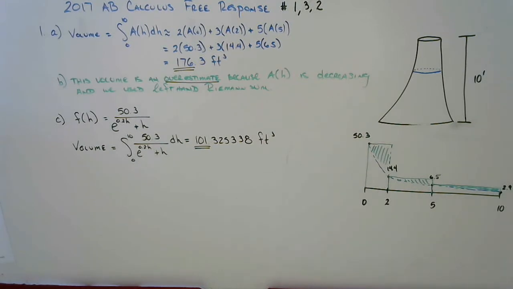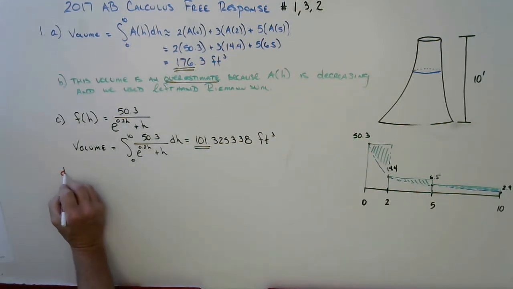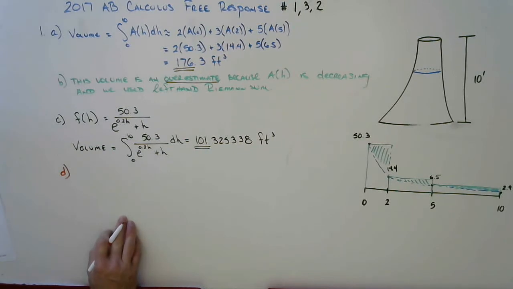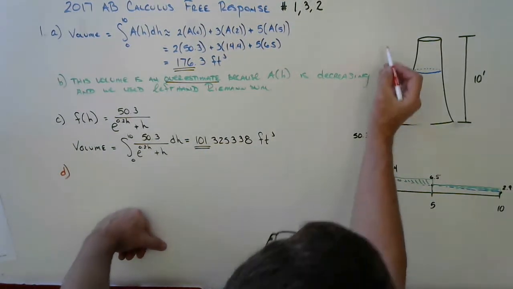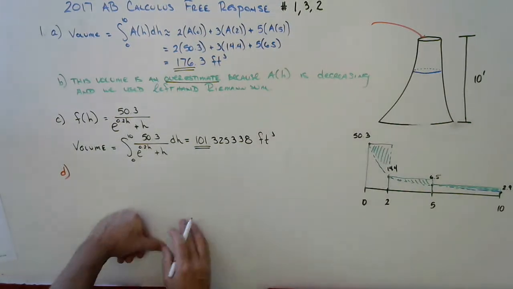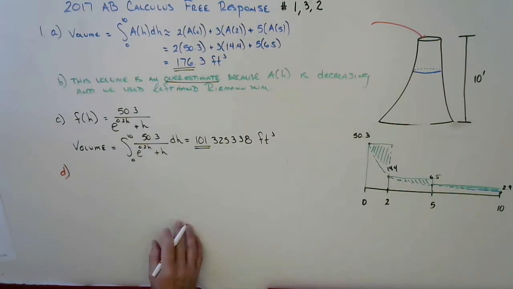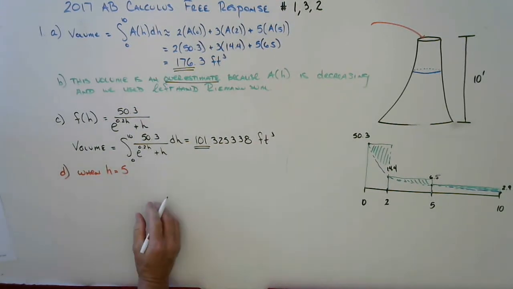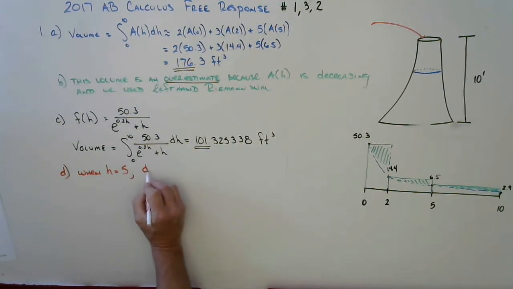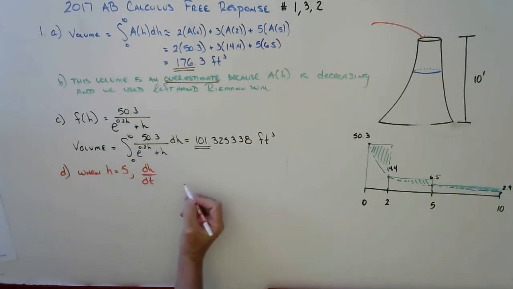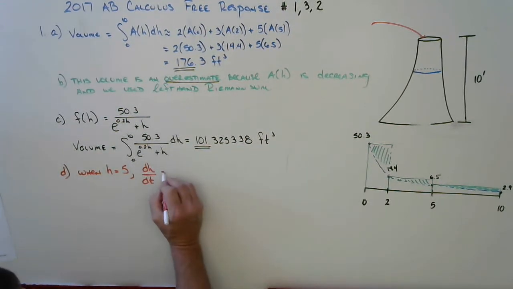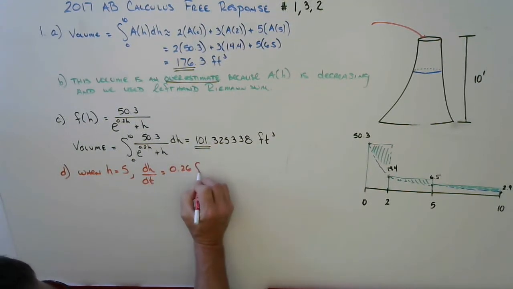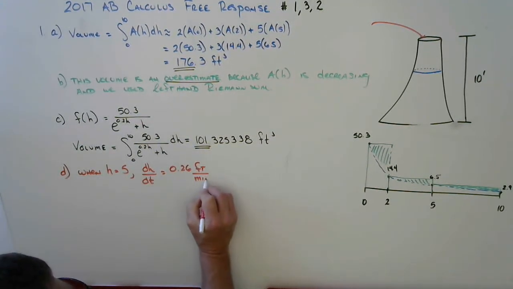Now what's going on in part D? Well, D says water is pumped into the tank. So now we have water coming into our tank. When the height is 5, when h equals 5, the height is increasing at the rate of 0.26 feet per minute.